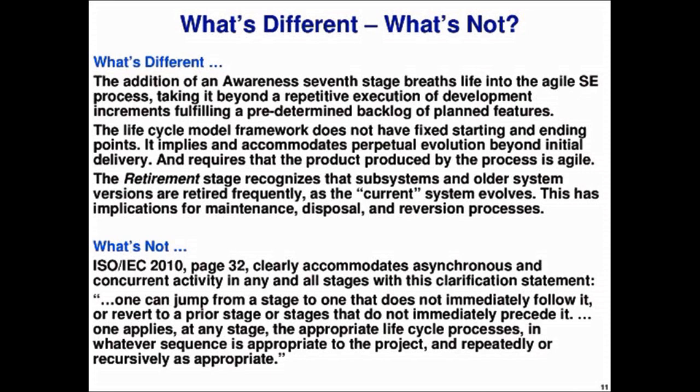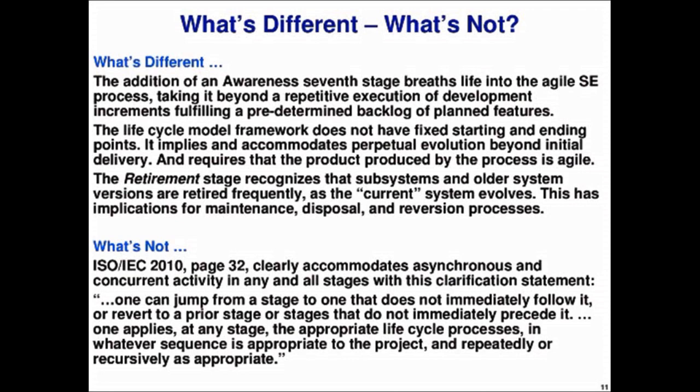What's not different, and it's very interesting, the companion to 15288, the ISO IEC 24748 document, deals with the life cycle model specifically, and on page 32 it clearly accommodates that circular diagram I just showed by saying one can jump from a stage to one that does not immediately follow it or revert to a prior stage.